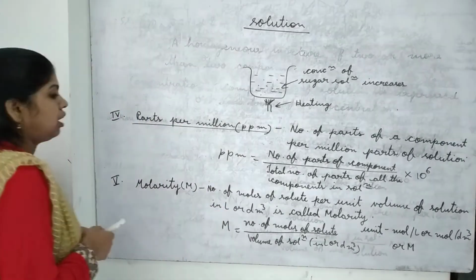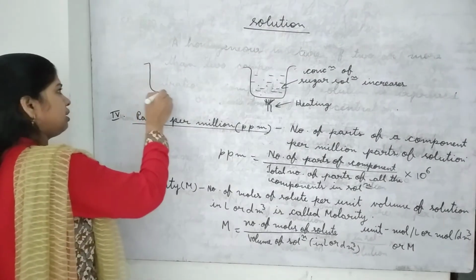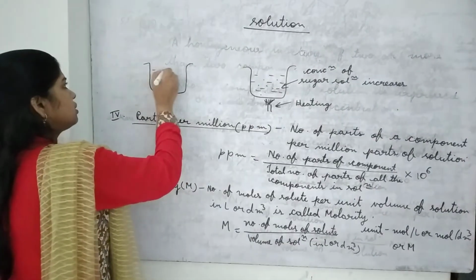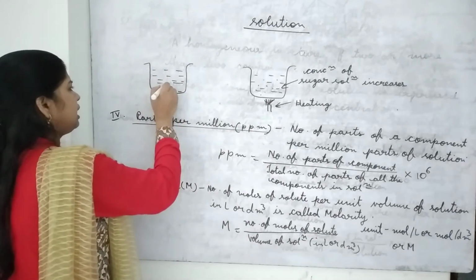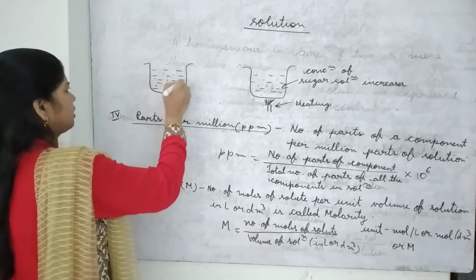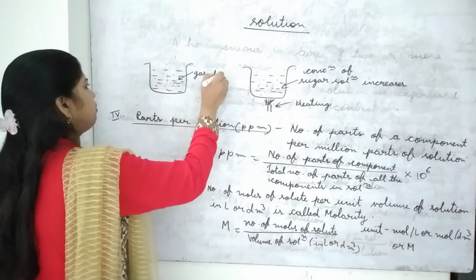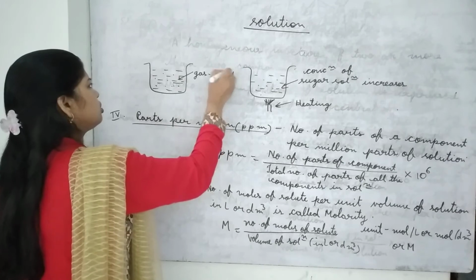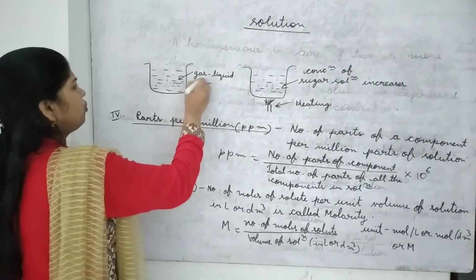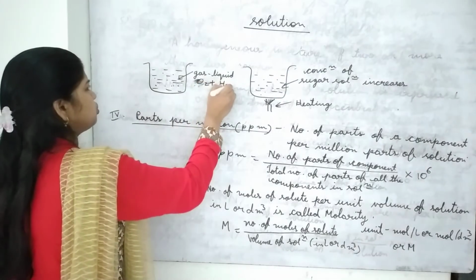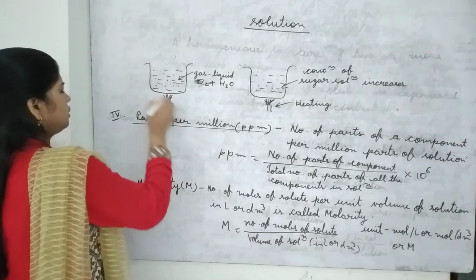Now another case: if we are observing by increasing temperature, suppose this is a liquid and gaseous particles are there. That means a gas-liquid solution, O2 plus H2O, and then we are heating it.